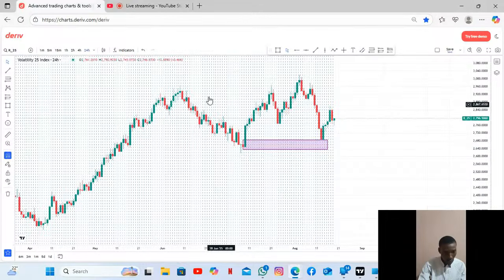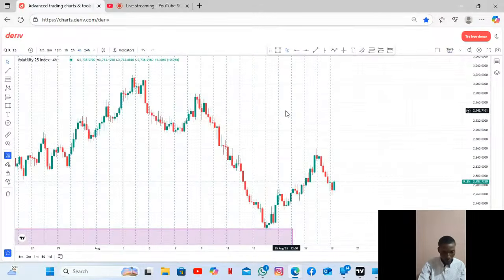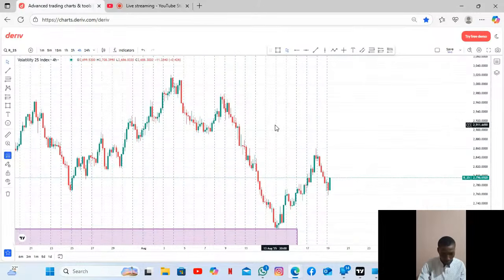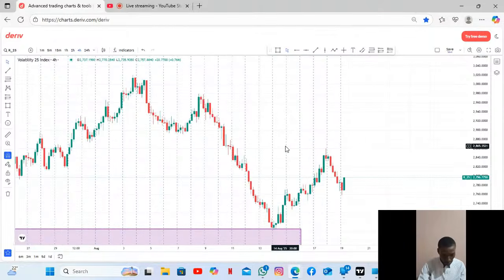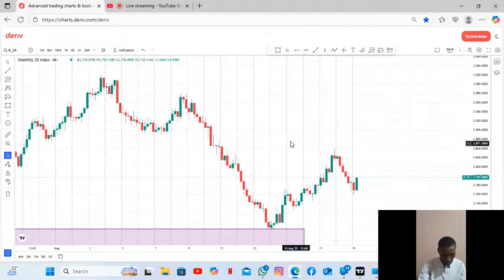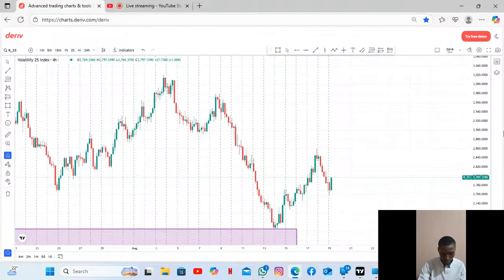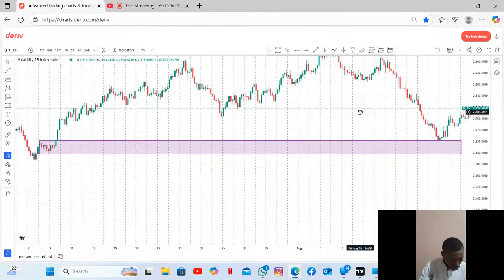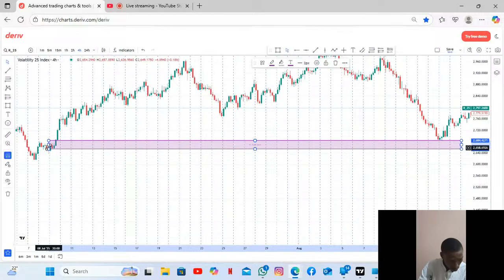Because notice that now, let's go to the 4 hour time frame. In the 4 hour time frame, when price tapped into it, on the 4 hour time frame, this will be the order block.